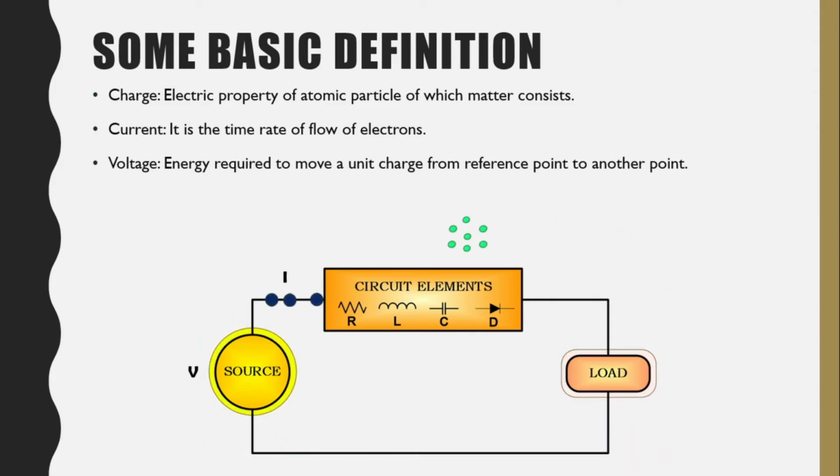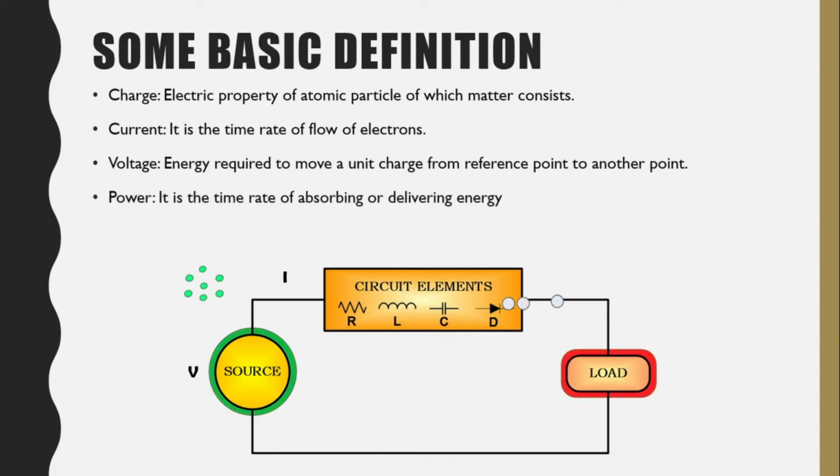If the current is coming outwards from the source or an element shown to you, suppose it is a battery, and current is coming out of the terminals, you can say that power is delivered. If the current is going inwards, you can say that power is absorbed. So from the definition, power is the time rate of absorbing or delivering energy.